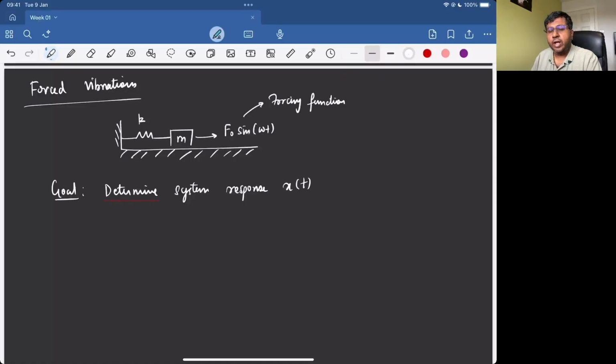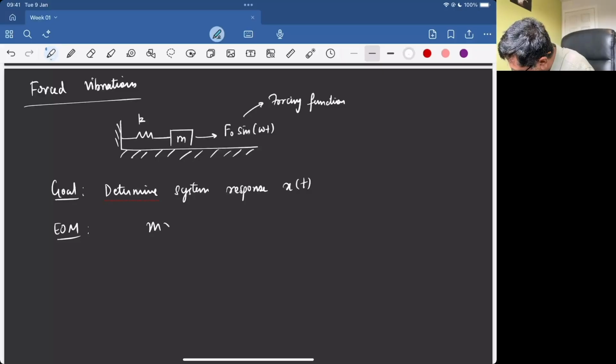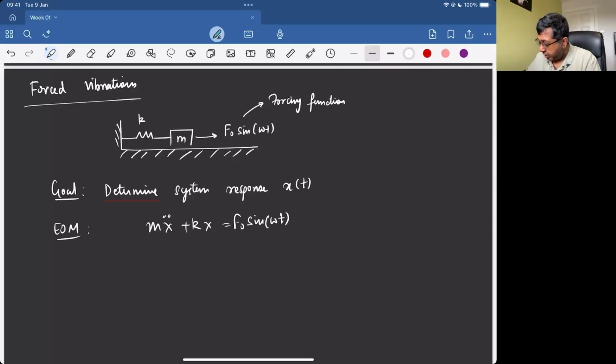So in the case of our undamped system, our equation of motion can be written as m x double dot plus k into x equal to F0 sine of omega into t, or let's say omega naught. Let's call it omega naught just to differentiate from omega n, which is nothing but our natural frequency.